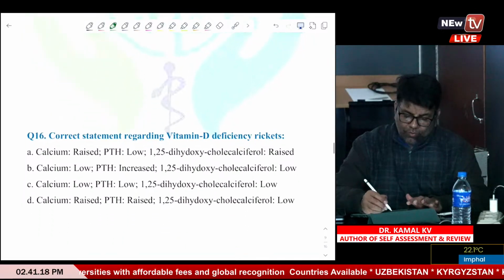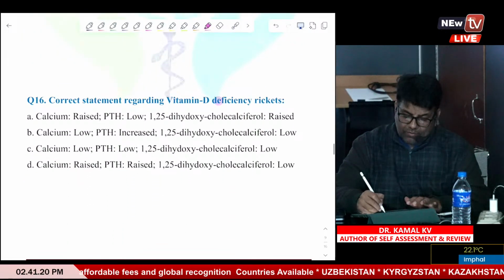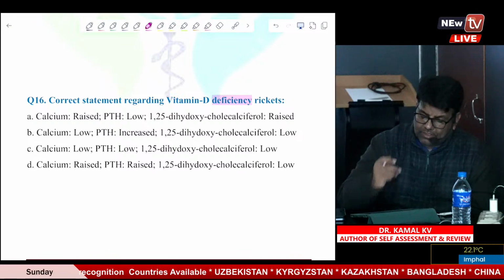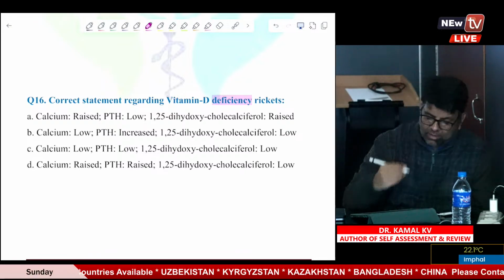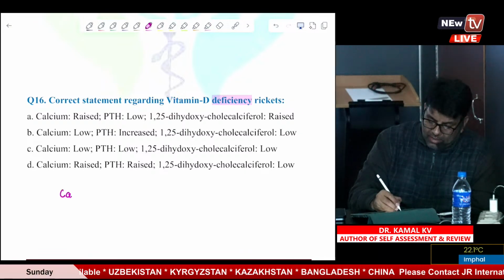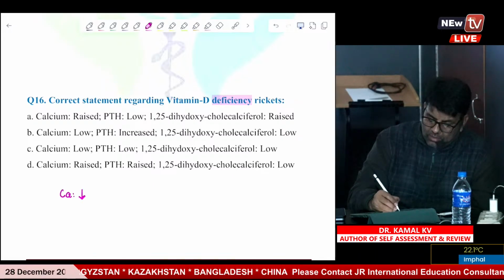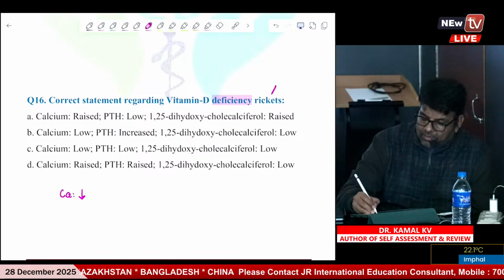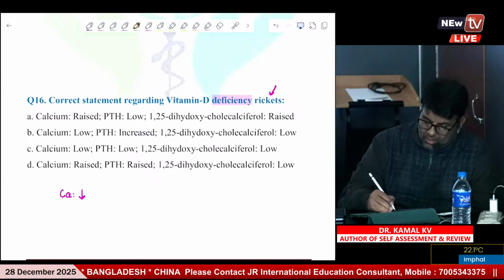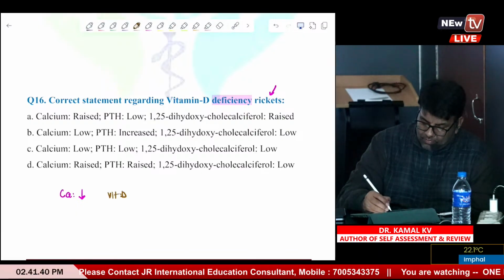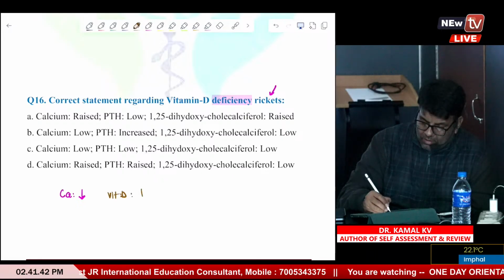Now what is true for vitamin D deficiency rickets? What is true for vitamin D deficiency rickets? Calcium will be high or low? In rickets, calcium is low. Then vitamin D high or low? It is also low.